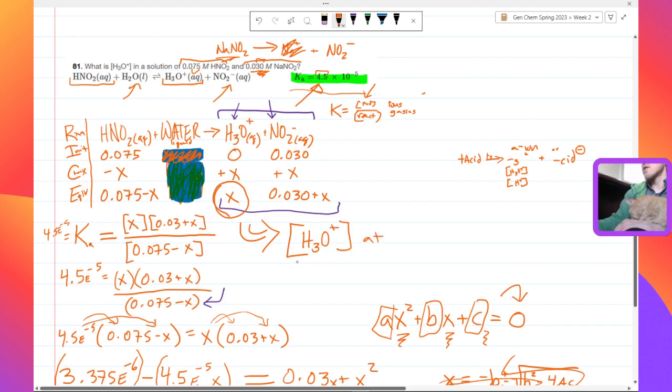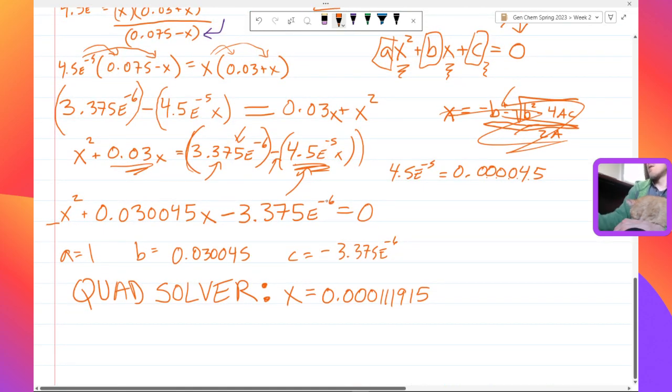It's the concentration of hydronium at equilibrium. That is what x even is. So we just found the concentration of hydronium.